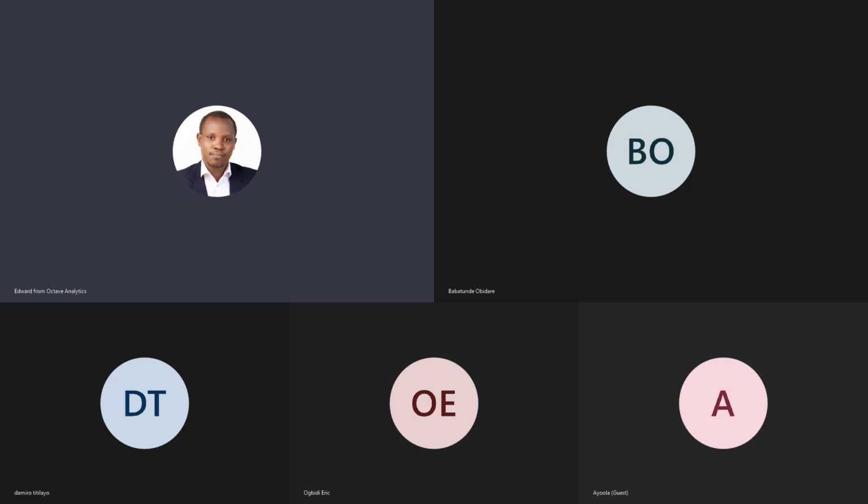Assuming I have a whiteboard that I can demonstrate with, that would have been better for me. But because I don't have one, let me explain MapReduce. It does what we call mapping and what we call reducing.